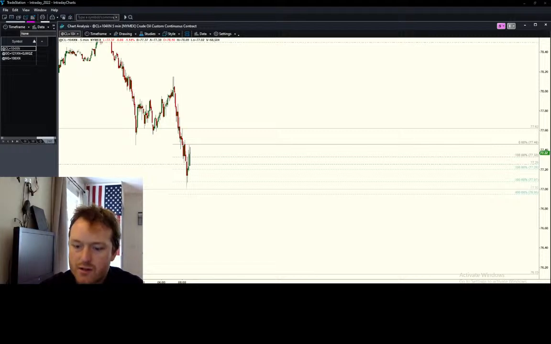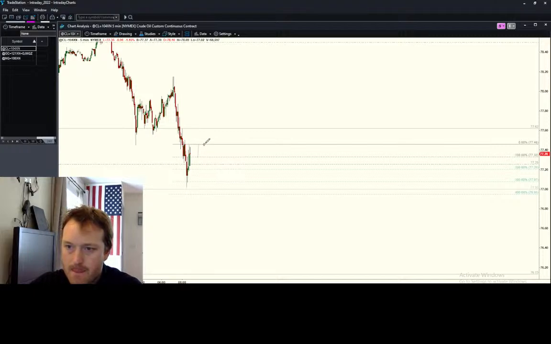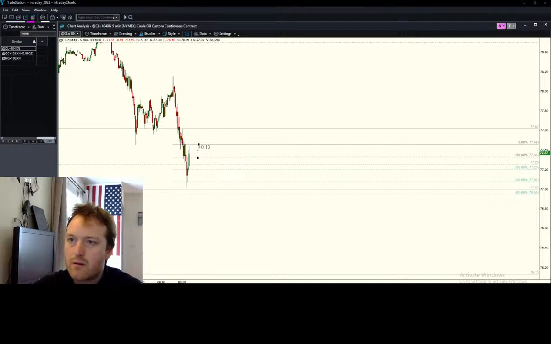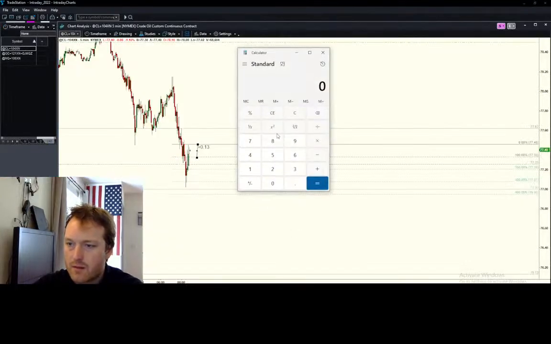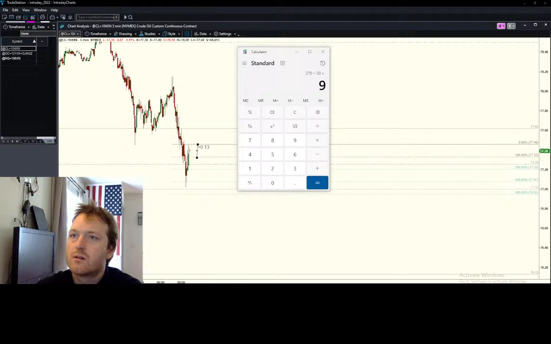Breakout bar prevention is an H setup. What's my risk on the trade? 270, which is 9 apples. 844 was my entry. 661, this was a 5-minute H setup, breakout bar prevention.